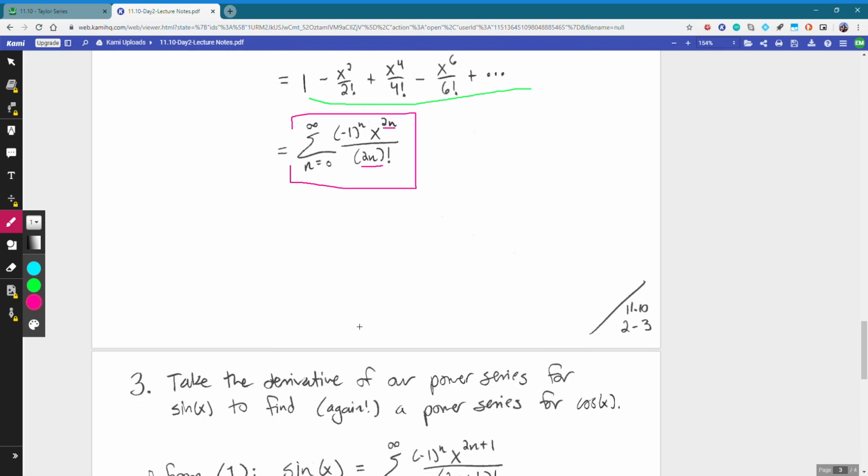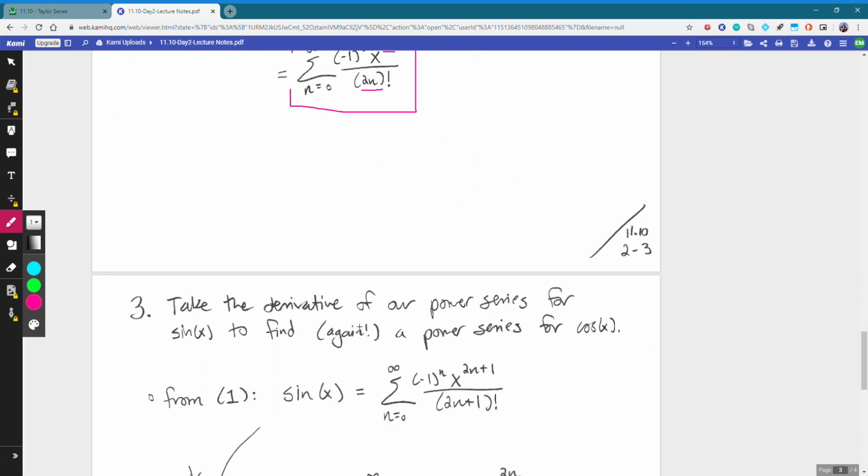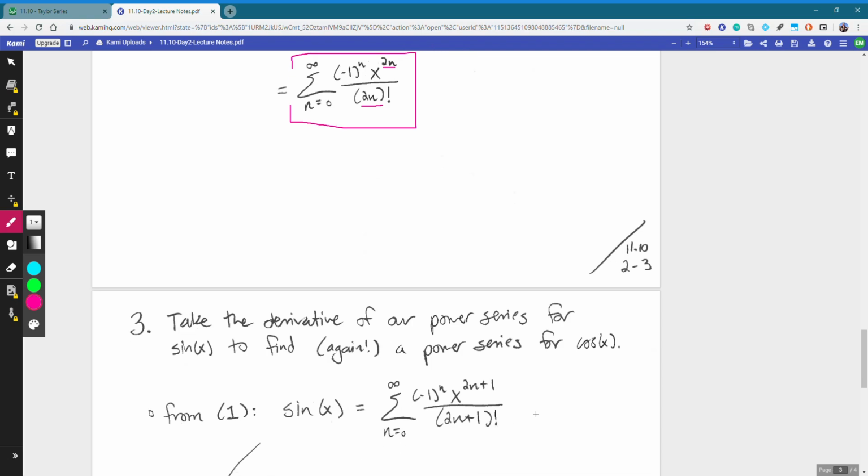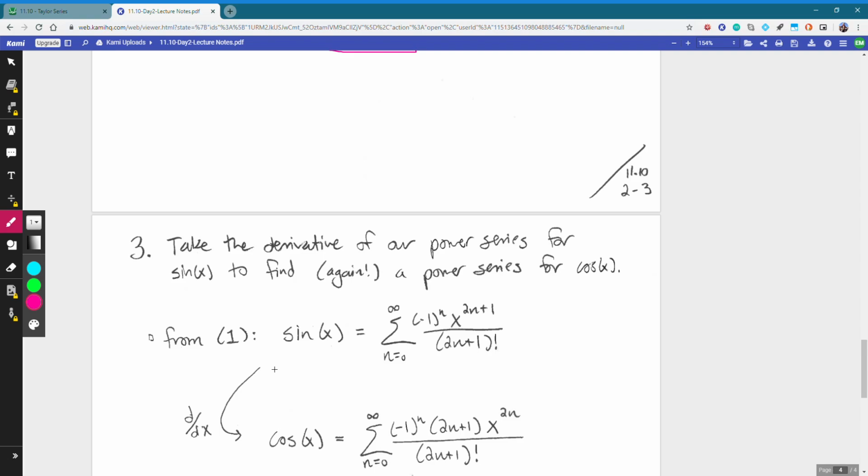All right, so let's see what that looks like here. Here I'm just copy pasting our formula for the Maclaurin series for sine of x that we found earlier. And we're just going to differentiate both sides here. Differentiating sine of x gives us cosine of x, and differentiating this power series in standard form, we can do that.